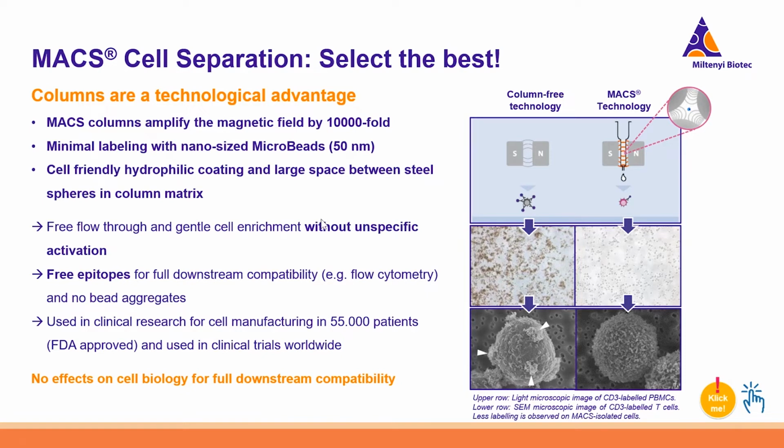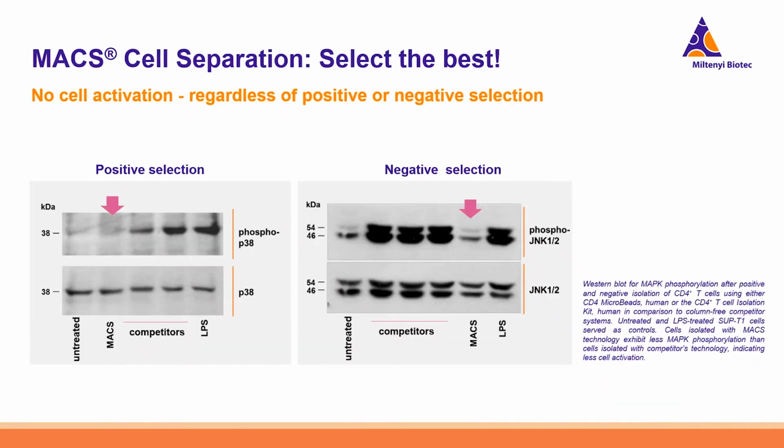Column-free technology results in bead aggregates in culture as well as in a clogged cell surface. With MACS column technology, you see no bead aggregates in culture and minimal labeling for fully functional cells. And indeed, you see also in these Western blots that T cells are not activated after cell isolation with MACS technology.